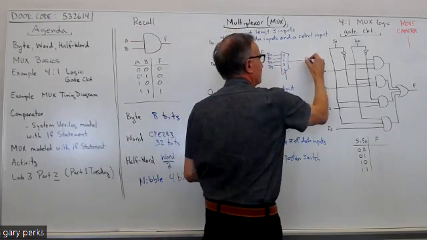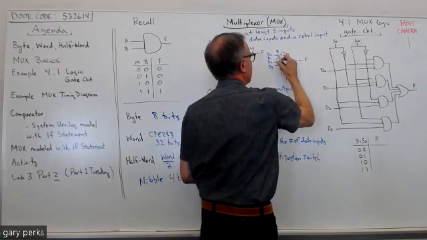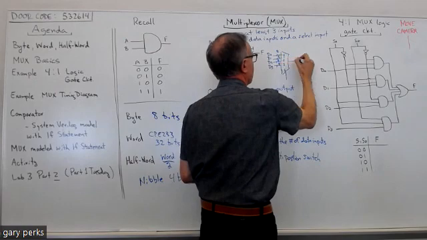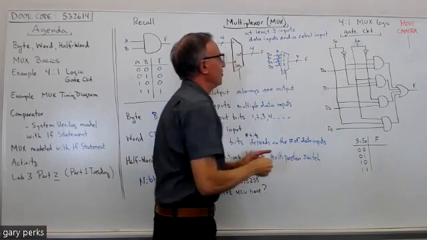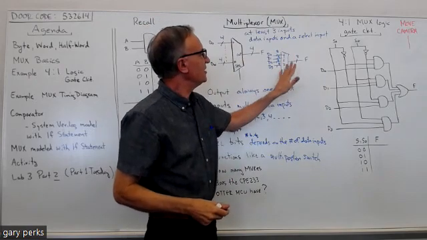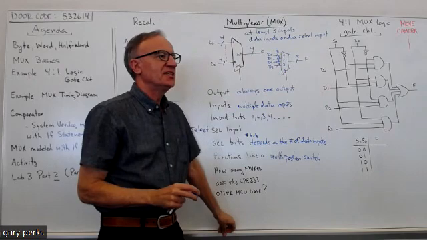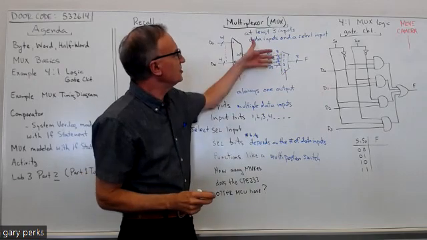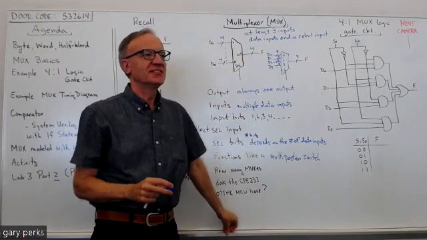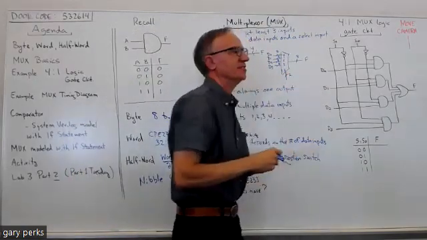And let's say each input is 8 bits. So I have 4 inputs, each input is 8 bits, the output is 8 bits. How many bits would I need for my select input in order to choose between 4 things? 2. Okay, so my select would be 2.